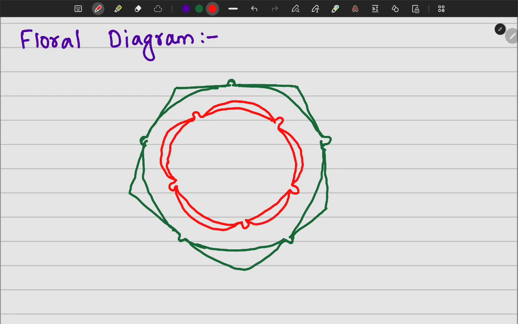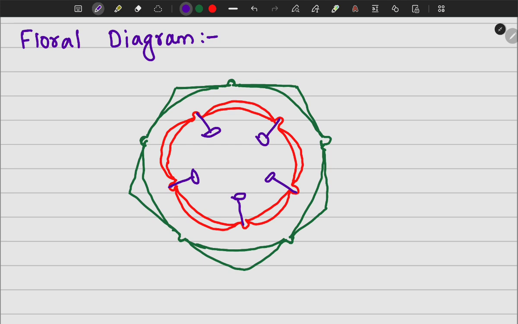Petals with valvate aestivation. Then the stamens. We studied that the stamens are 5 and they show epipetalous type of arrangement. That means they are fused with the petals, right? So let us draw the stamens 1, 2, 3, 4 and 5, and they are fused with the petals. So we will show the epipetalous stamens like this in the diagram.